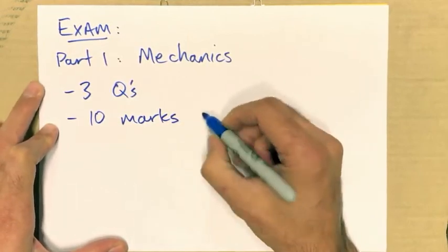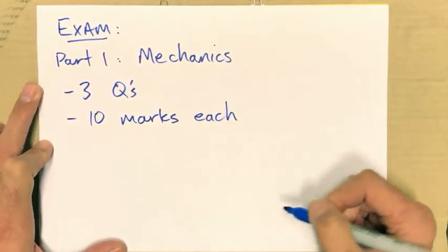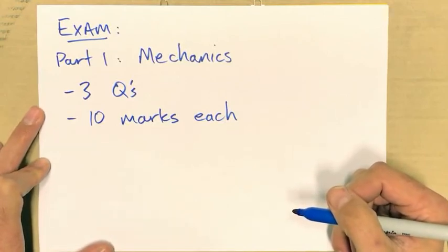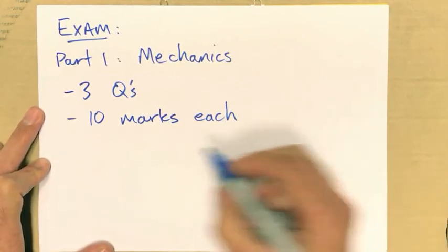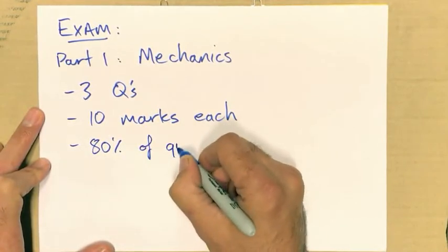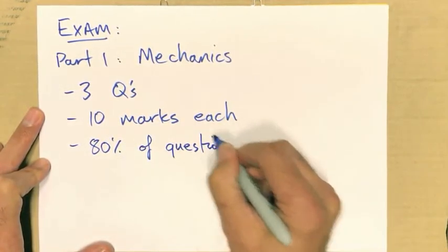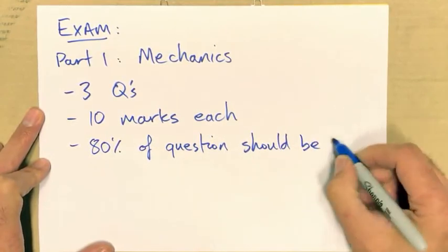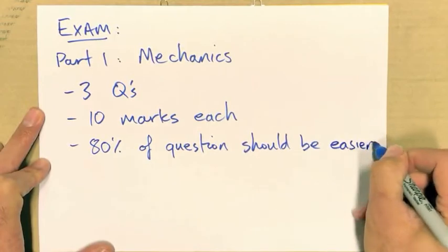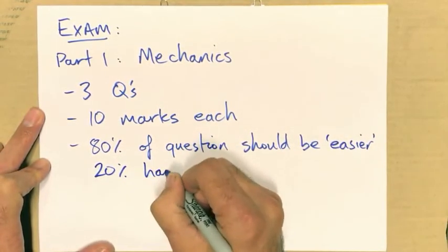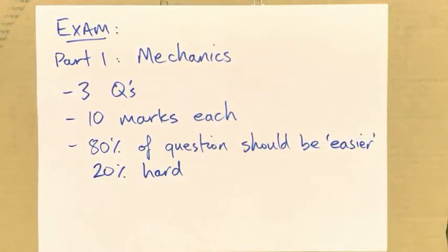You need to complete all of them in order to get full marks. Okay, and as usual, 80% of the question, or 8 out of 10, should be easier, and 20% hard. So expect the last bit of the question to be challenging.